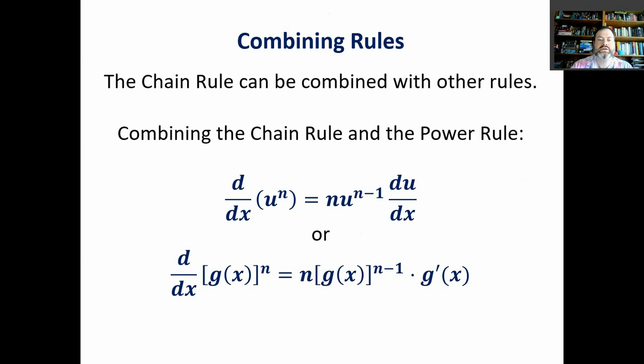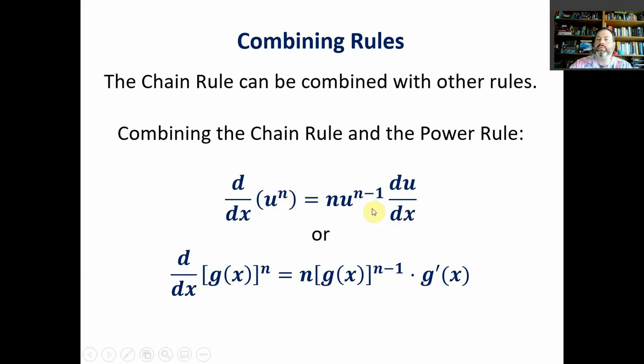All right. So you can combine this chain rule with other rules, of course. And we saw that in earlier sections where we combined lots of rules together. So you can combine the chain rule and the power rule. If you're using that u idea, remember u is just any function, then you get the power rule times the derivative of the inside with respect to x.